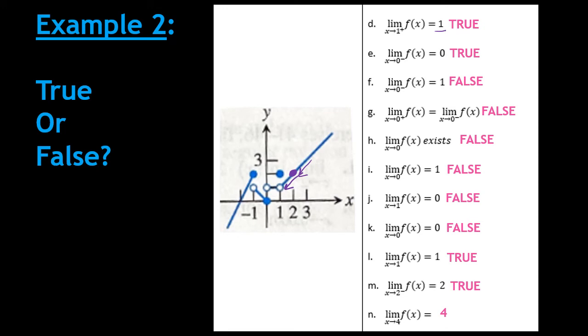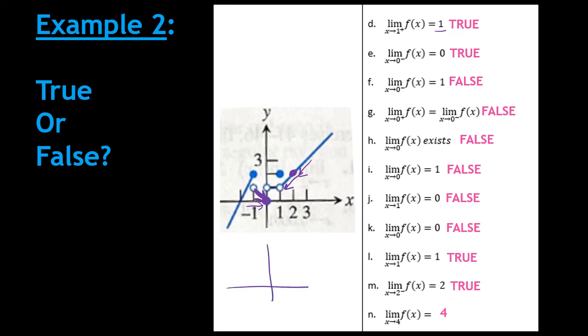As we approach 0 from the left, I'm coming right along this piece right here, and I am approaching a y value of 0, so that is true. Letter F, when I approach 0 from the left, I am not approaching 1. So when you come in down this little purple stretch right here, you're approaching 0, so we have a false.